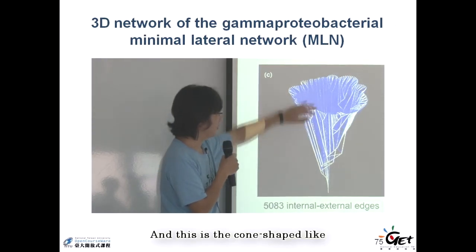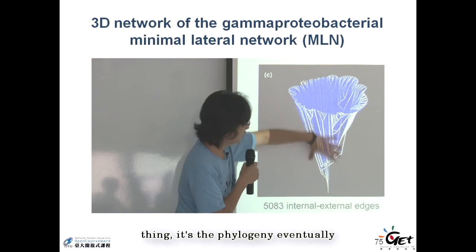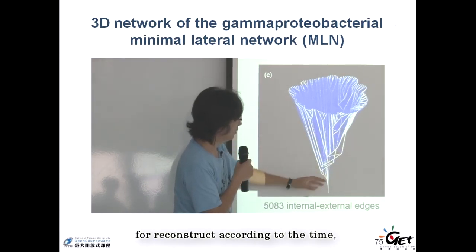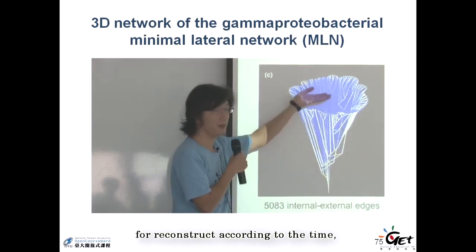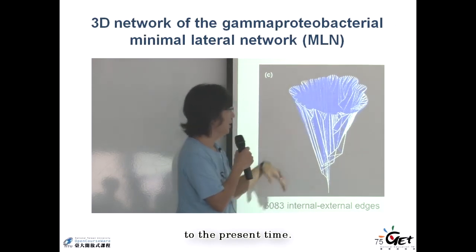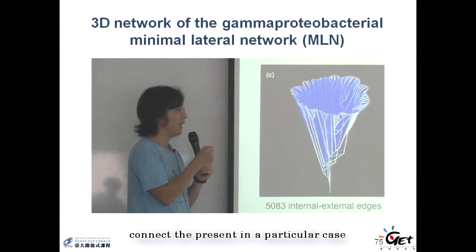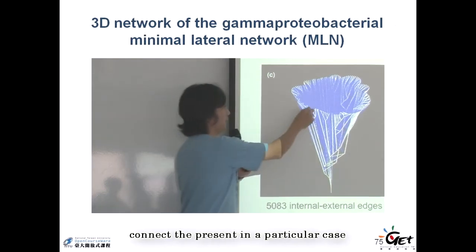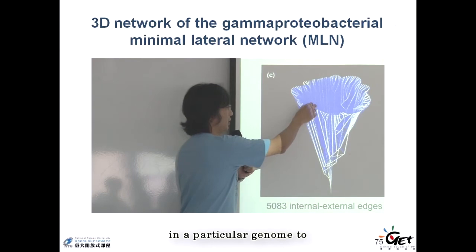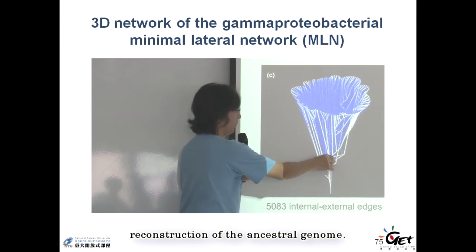And this cone-shaped thing is the phylogeny, eventually reconstructed according to time to the present time. Based on the similarity, you can connect the present, in a particular case a particular genome, to the reconstruction of the ancestral genome.